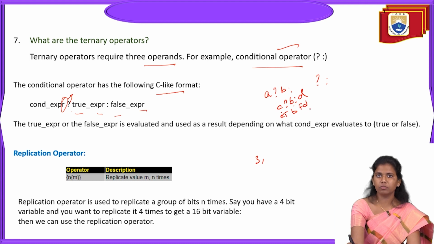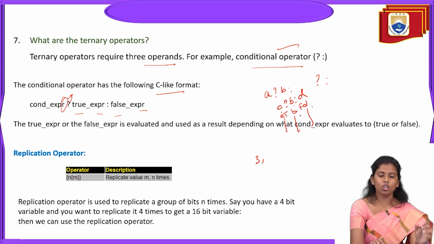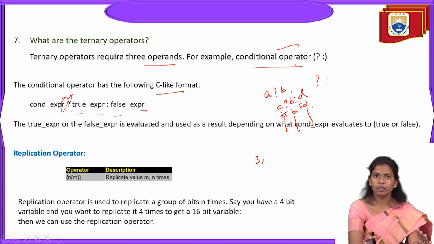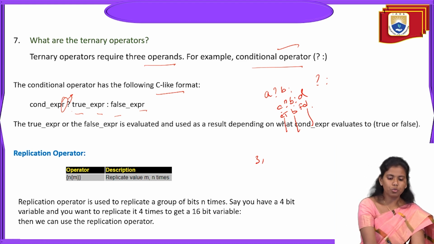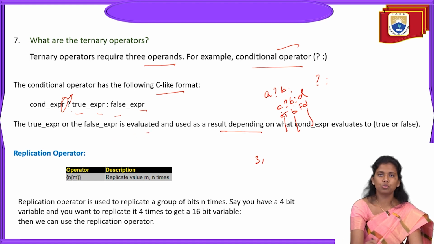C, B, D are the 3 operands, where using the conditional operators we can easily get to know, based on the conditions, which statement is true or false. Then the true expression or the false expression is evaluated and used as a result, depending on what the condition expression evaluates to, true or false.